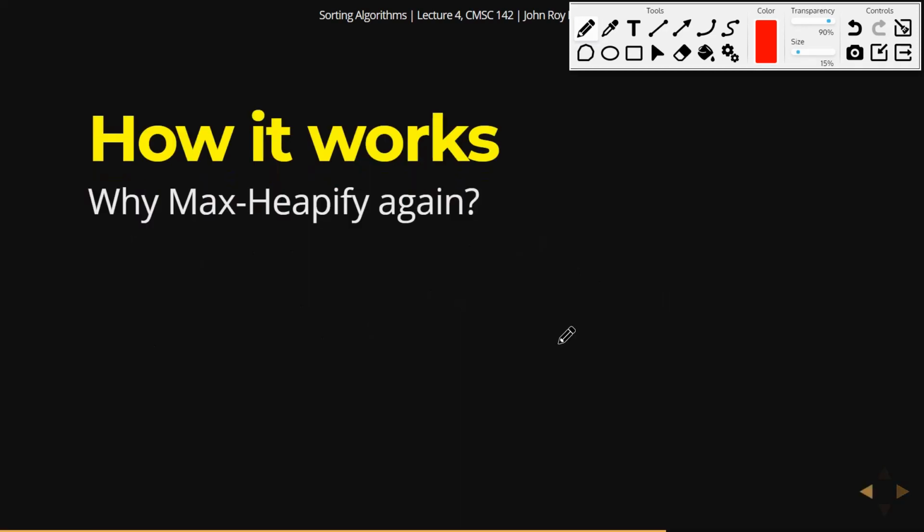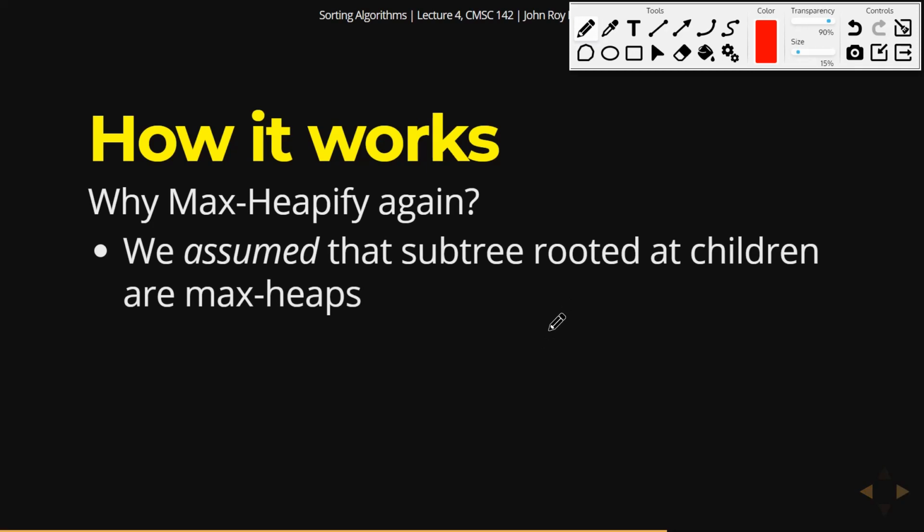Now, why do we need to max heapify again? Because we assume that the subtrees rooted at the children are already max heaps. So let's say it's something like this. Let's say this is 15, 14, 2, 9, and then 3 and 7.